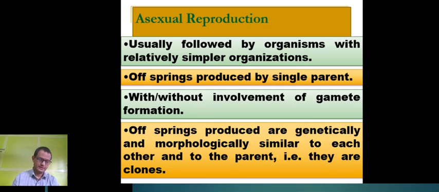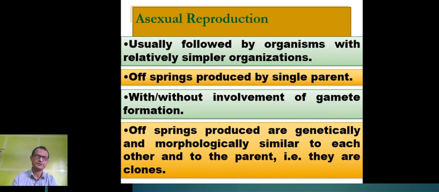And in the case of asexual reproduction, as I have told you earlier, the offspring or the product is produced from a single parent, that may be male or female, and there is no involvement of gamete formation. That means there is no involvement of sex cell formation.